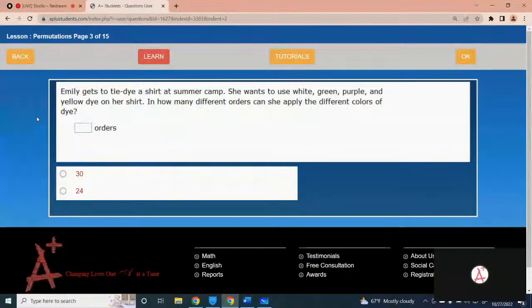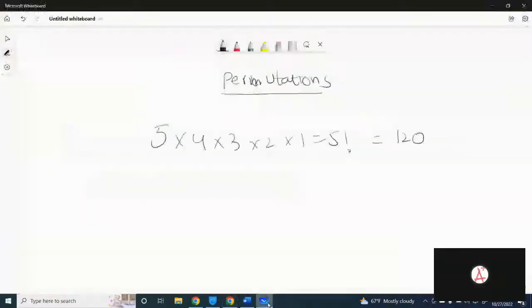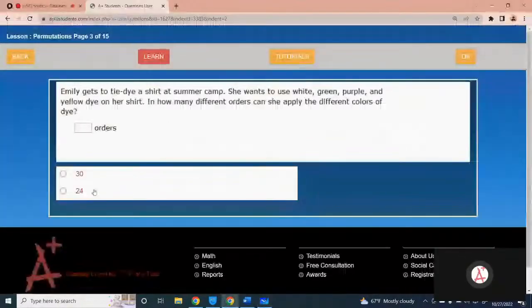So the total orders she can make is four times three times two times one. That means she can make 4 factorial and it would be 24. That means she has 24 orders she can use. Got it? Just select the correct option and then click on the OK button.